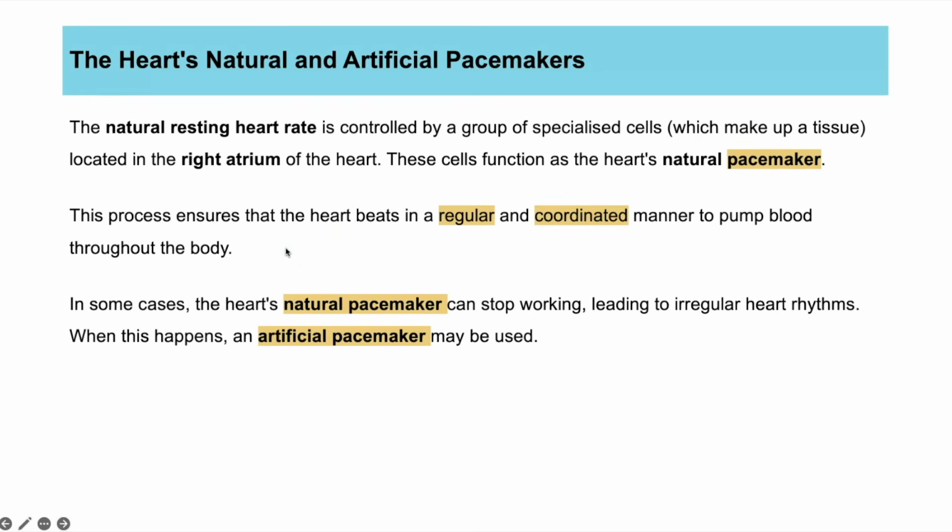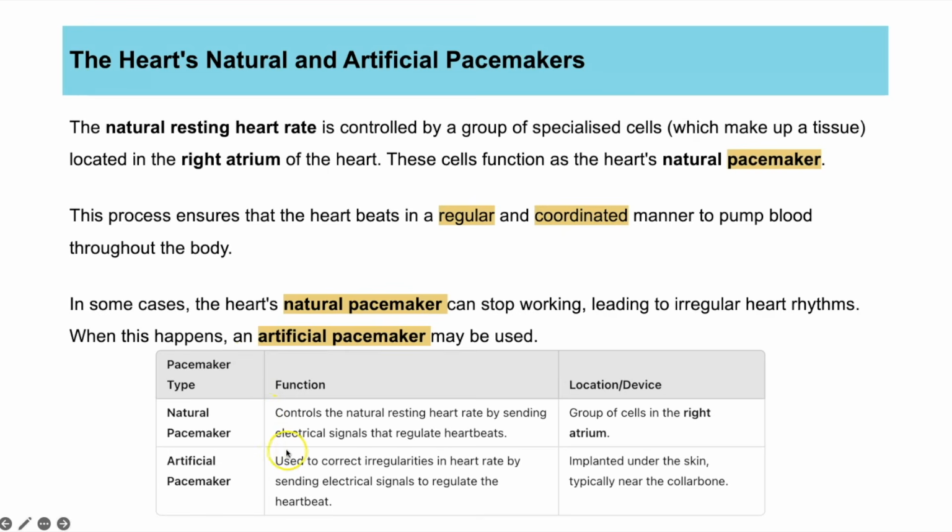In some cases, though, people's natural pacemaker cells stop working. As a result, you might get an irregular heart rhythm. That could be dangerous because it means you're not pumping blood around the body at the set frequencies that you need for respiration. So when this happens, you can use an artificial pacemaker.